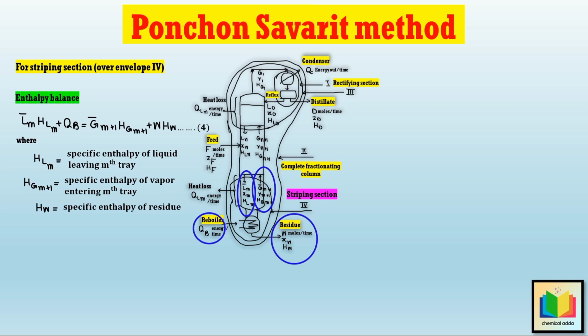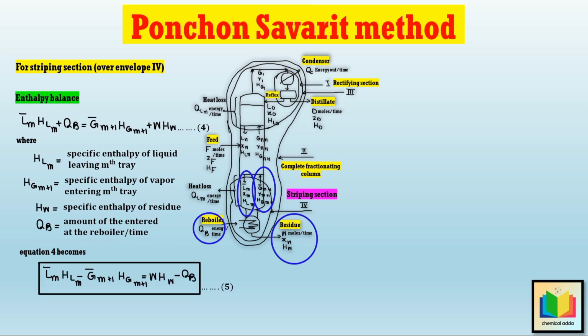H_W is the specific enthalpy of residue. Q_B is the amount of heat entered at the reboiler per unit of time. Hence, after rearranging the terms of equation 4, it can be written as L_M into H_LM minus G_(M+1) into H_G(M+1) is equal to W H_W minus Q_B.